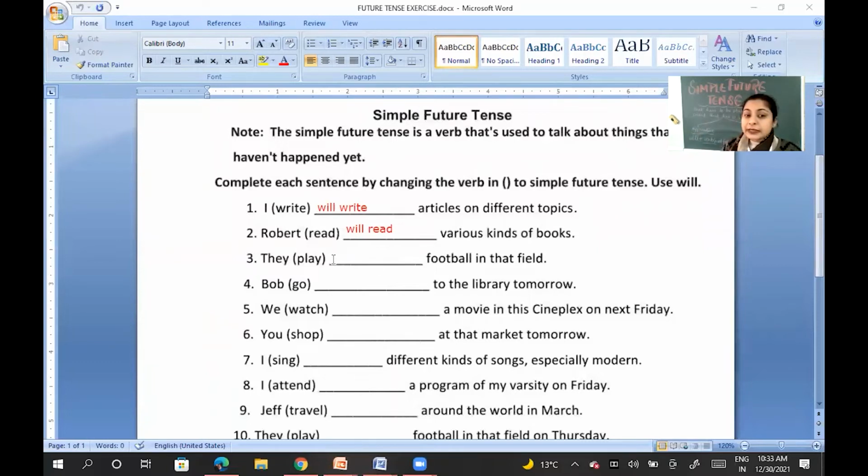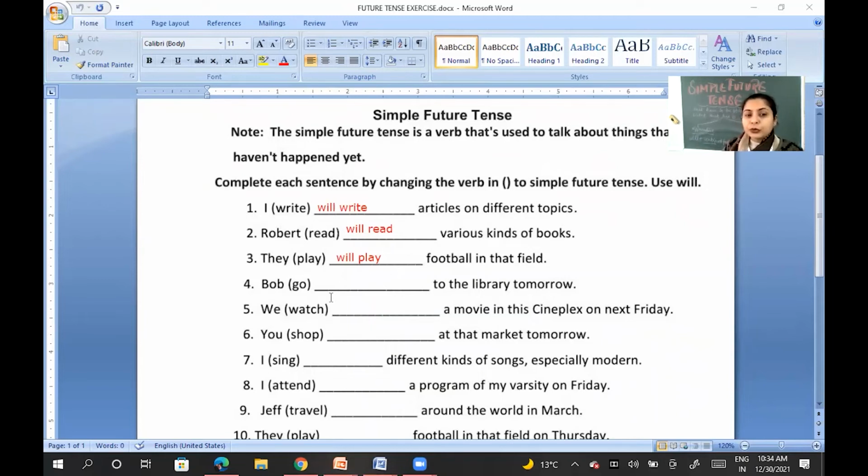But as soon as we add will, they will play football in that field. Now this sentence changes to future tense. Simply one word, will, before the verb, with no spelling change in the action word.